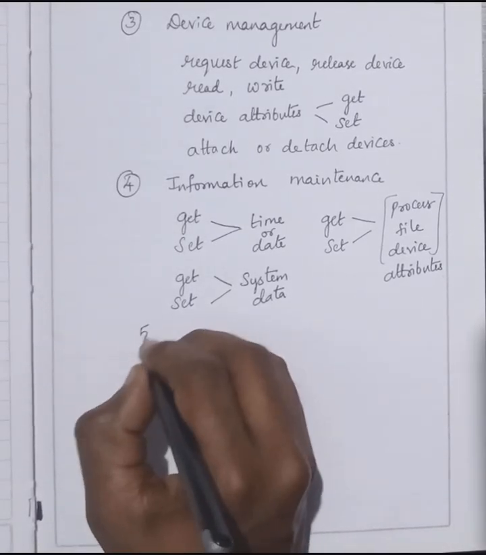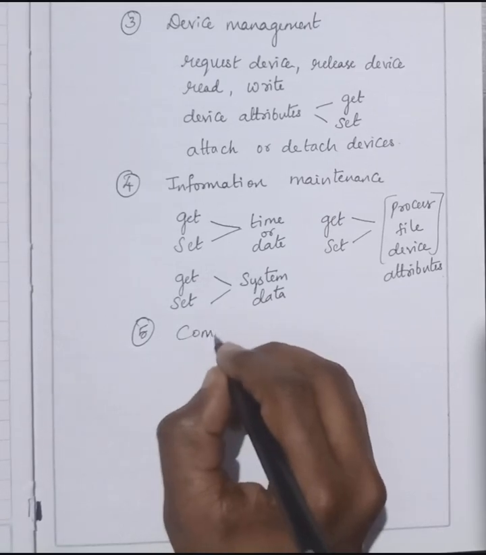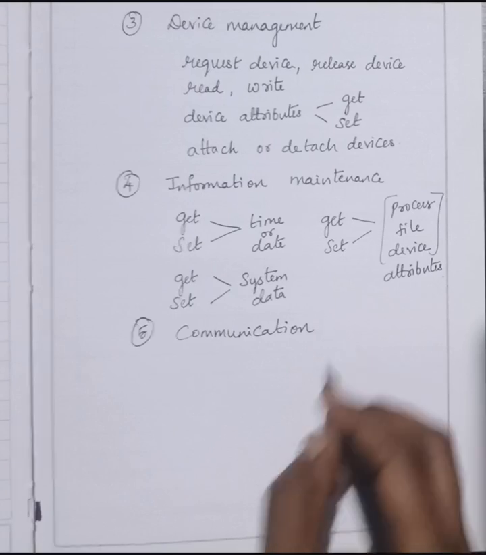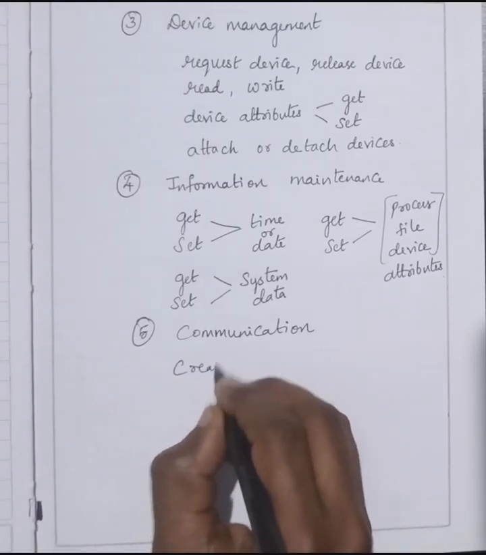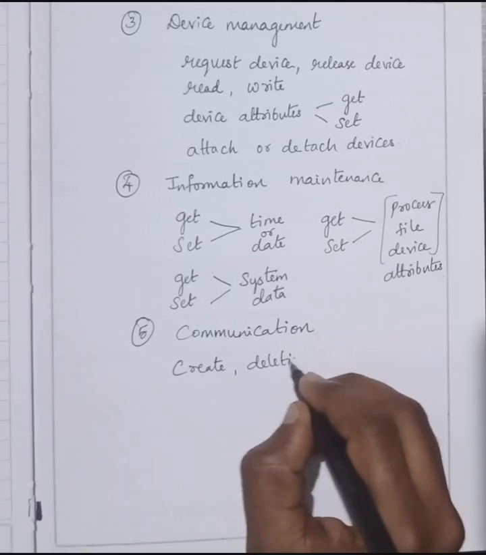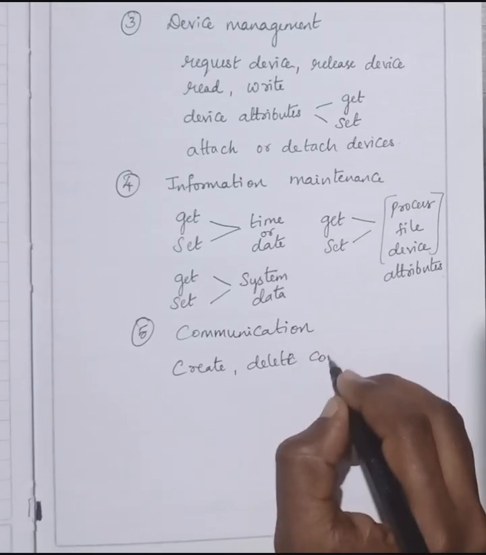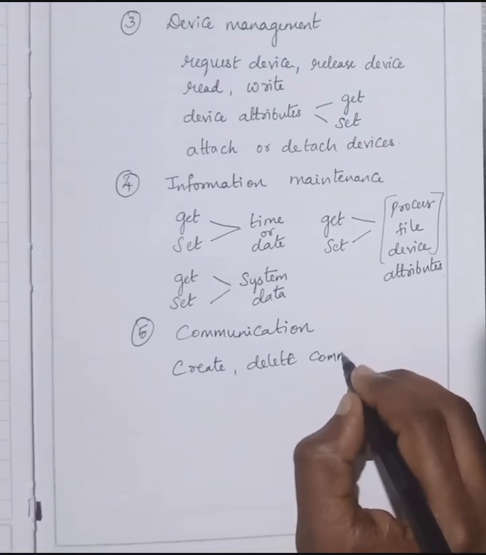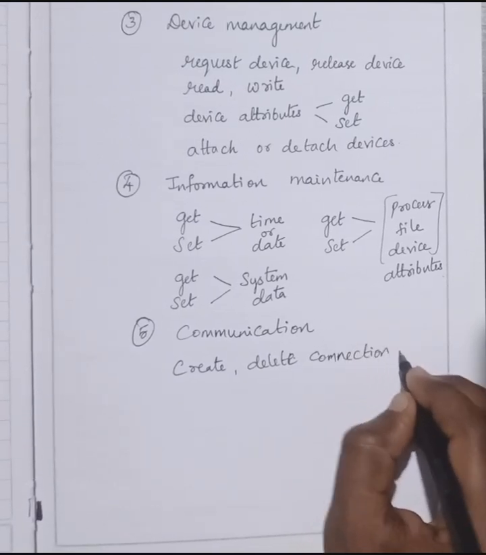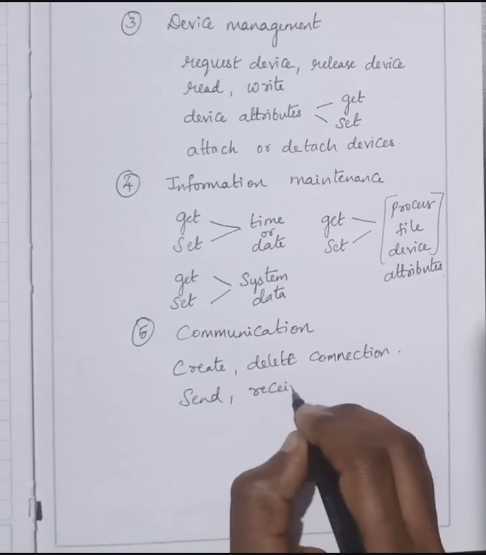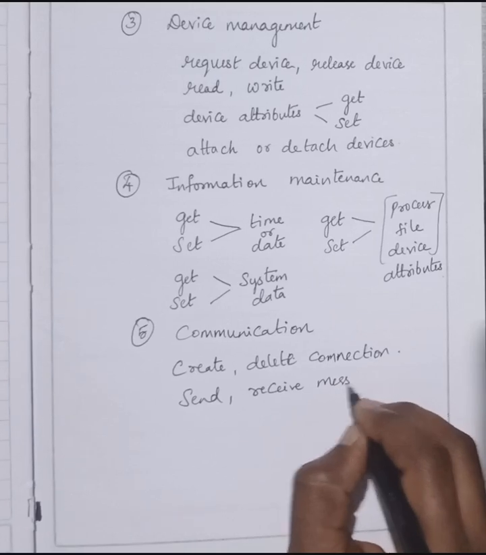Then comes communication. The fifth type of system call is communication. For this again we want to create and delete the connection, the communication connection, and we have one system call for that. Again, for sending and receiving messages.